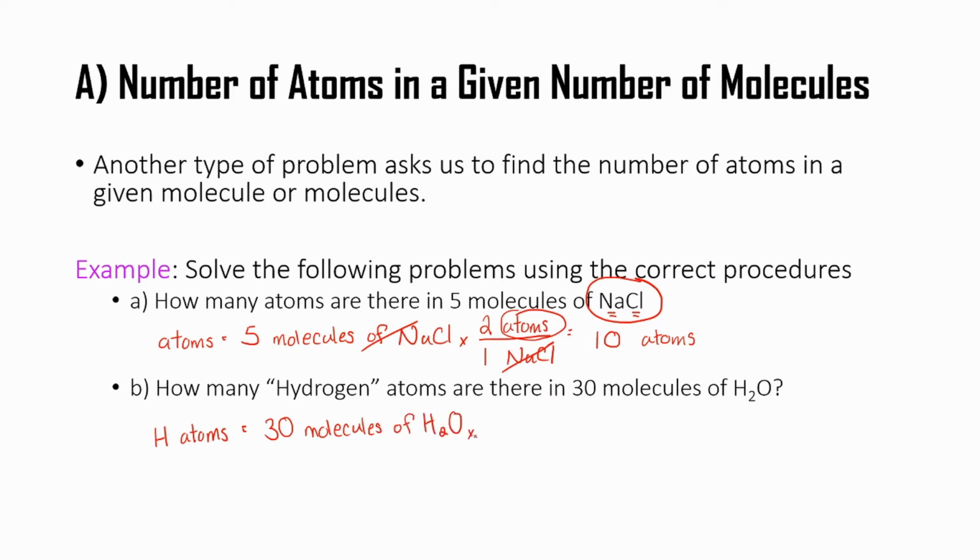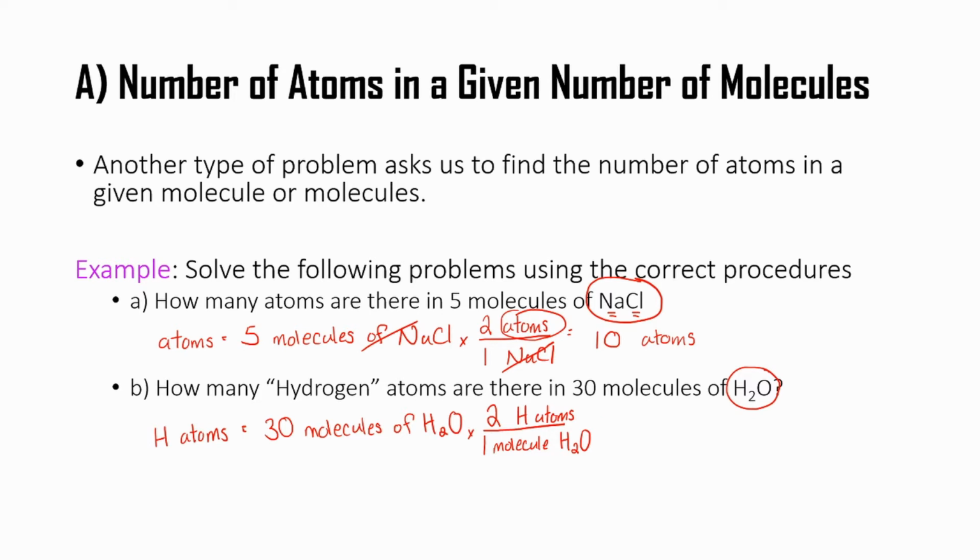If I want to convert from the number of molecules to atoms, let's take a look at my water molecule here. In one molecule of water, H2O, I have 2 hydrogen atoms. I have a total of 3 atoms, but 2 of them are hydrogen and 1 of them is oxygen.